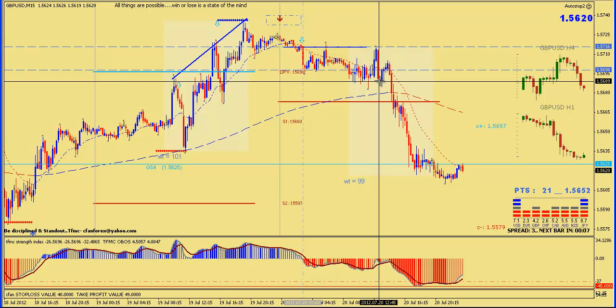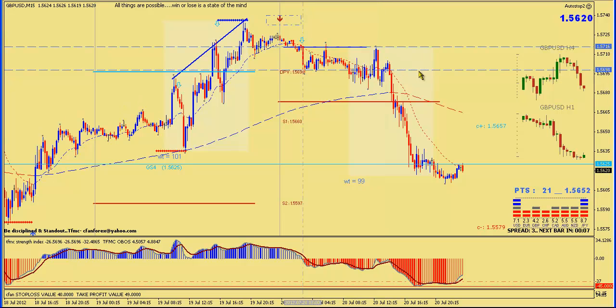This candle becomes potent. What is a potent candle? A potent candle is the one that becomes significant and a reconfirmation of your trade setup or your potential trade setup.